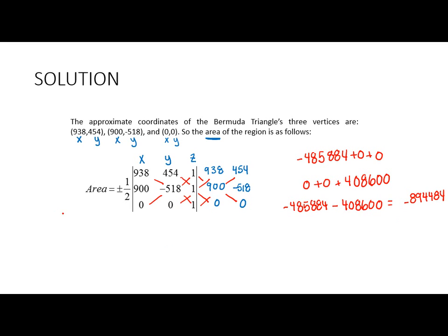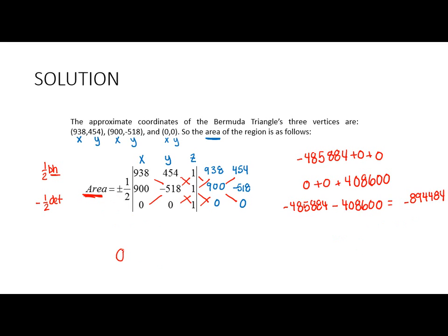Now we have one more step. To find the area, we have to think of a triangle. Triangle is 1/2 base times your height. But instead of using base times height, we did 1/2 of our determinant. Now the reason why there's a minus sign right here is we're going to multiply by negative 1/2 because we can't have a negative area. So we're just going to multiply this by negative 1/2 or divide by negative 2. Either way you want to think about it.